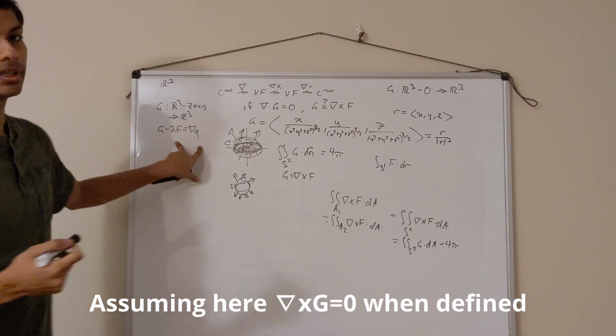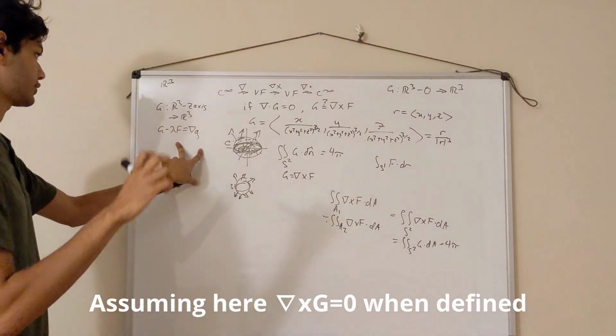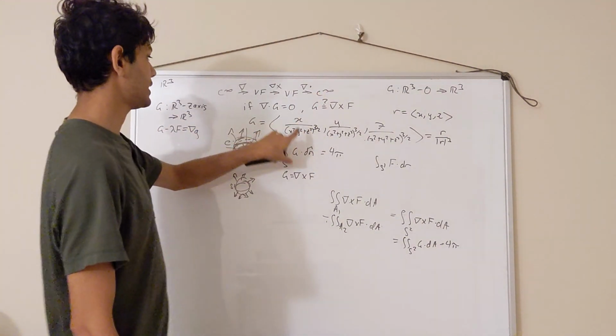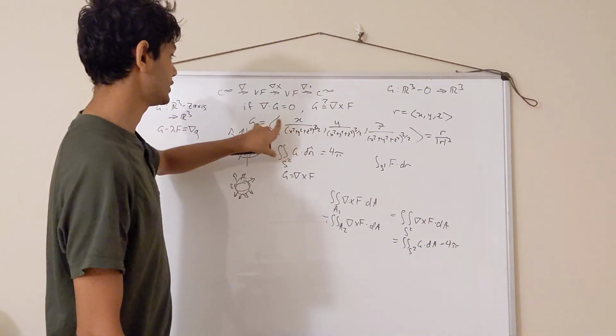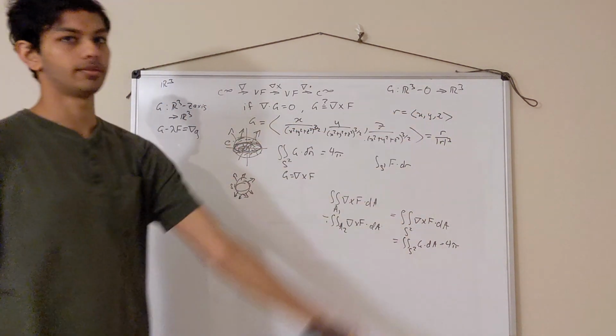And we can do this because we can use a similar argument as before, where we have an explicit construction of an inverse gradient. But it's less clear that this vector field G is our only obstruction on R3 minus 0 of producing an inverse curl.